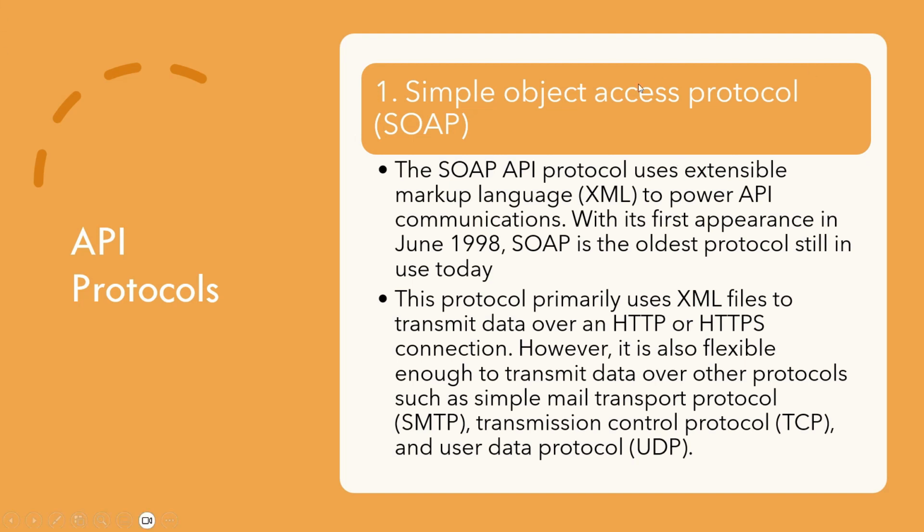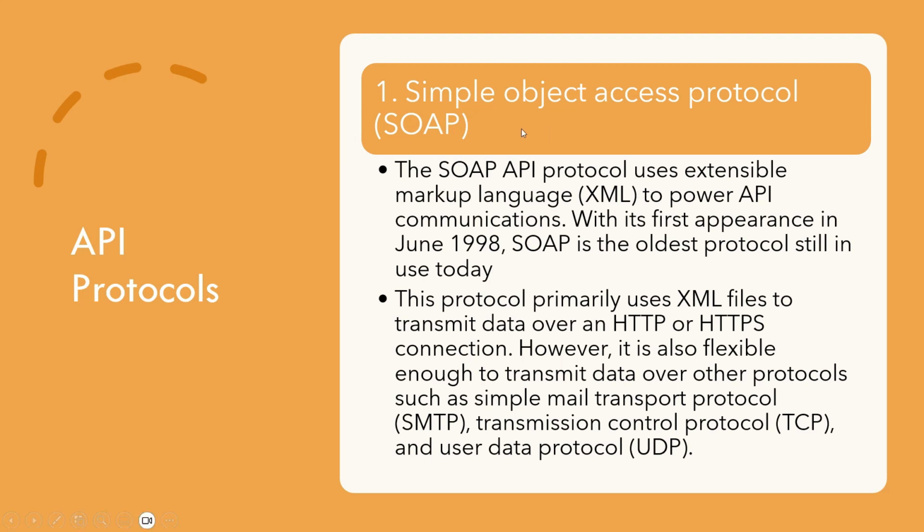One major thing you have to understand when it has to do with SOAP is that the programming language used for SOAP API is XML. XML is the only language that can be used for SOAP API.